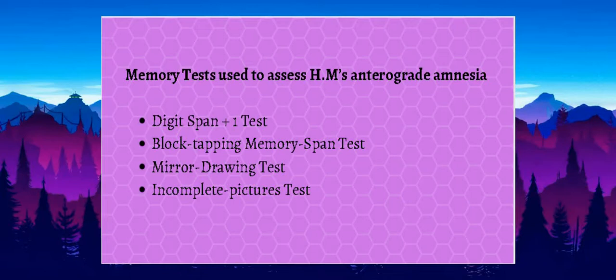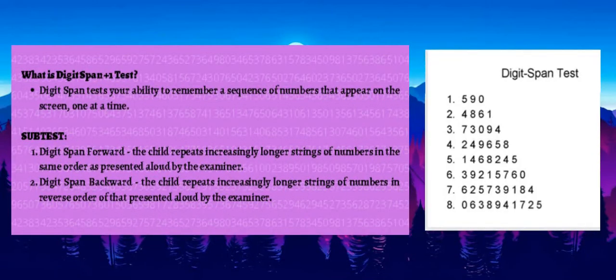In the next slide, we must know what a digit span subtest is. Digit span tests your ability to remember a sequence of numbers that appear on the screen, one at a time. It has subtests: digit span forward and digit span backward.